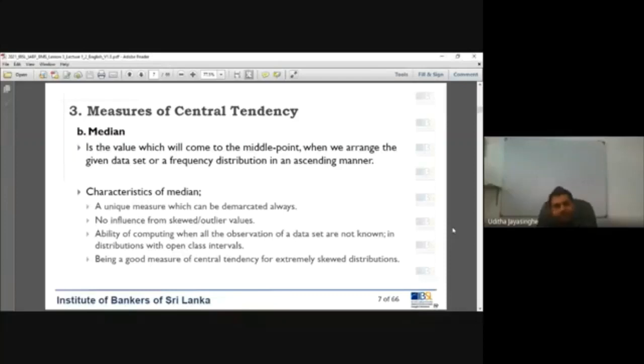Now, one would say, okay, it's not a pretty advanced statistical computation, isn't that so? So what's the big deal on the median? Once again, it's like mode. It's just one number. There's no numerical computation involved here. But when we go to frequency distributions and normal distributions in our second part of the discussion, you will understand that it's pretty important to identify the middle point or the 50% mark. There are many usages in that. So you could say up to this value, 50% of the data set is represented, and from this point onwards, the next 50% is represented.